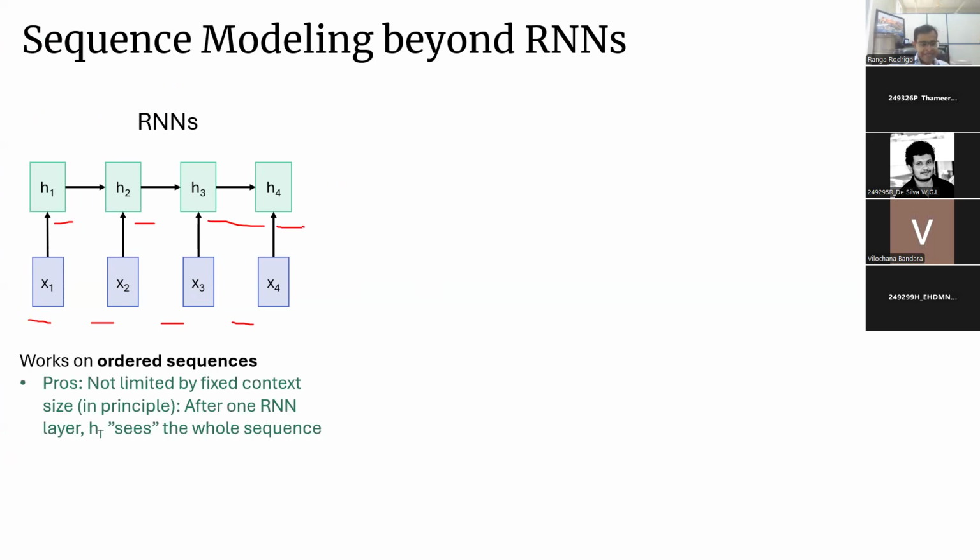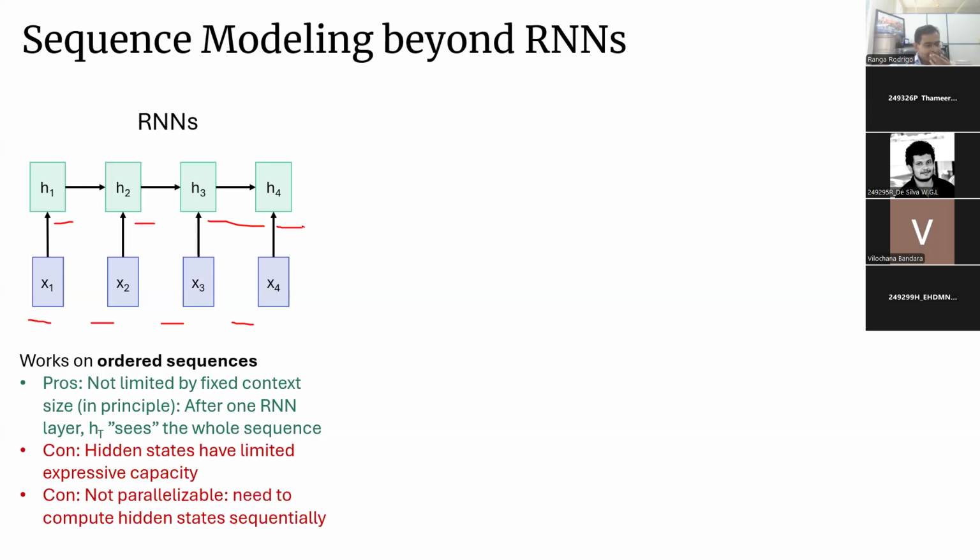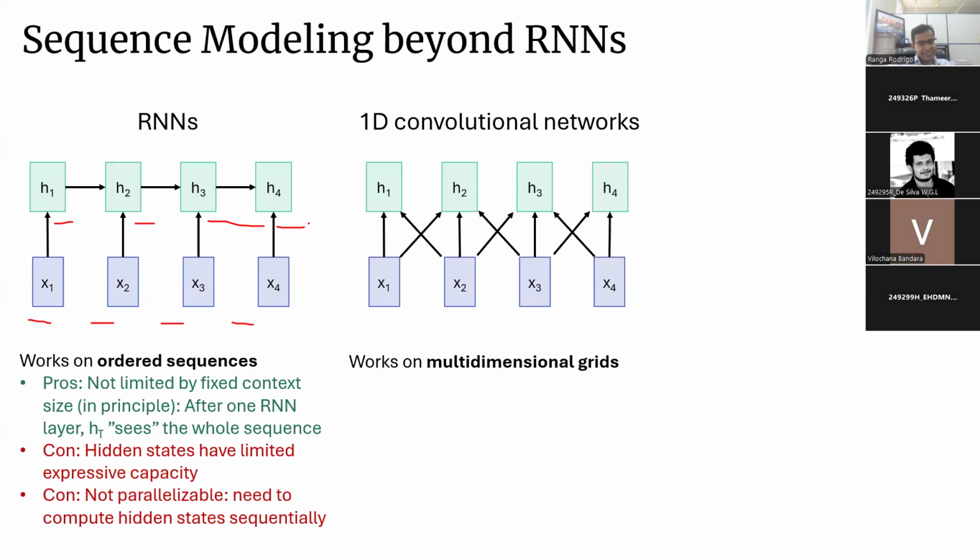Using these hidden states, it works on ordered sequences. This is a good thing, not limited by the fixed context size in principle. After one RNN layer, h_T sees the whole sequence. But the bad thing is, hidden states have limited expressive capacity, and it is not parallelizable: you need to compute the hidden state sequentially. This was a bad thing in recurrent neural network architectures prior to transformers.